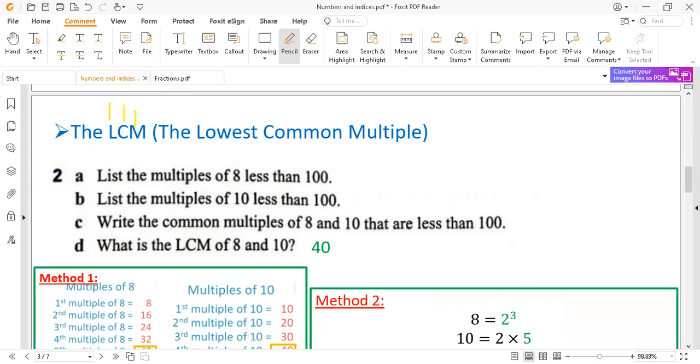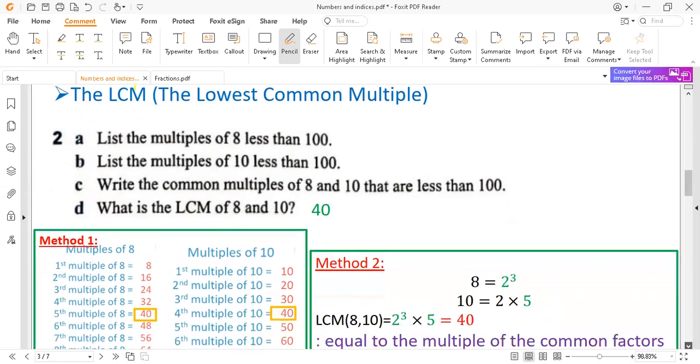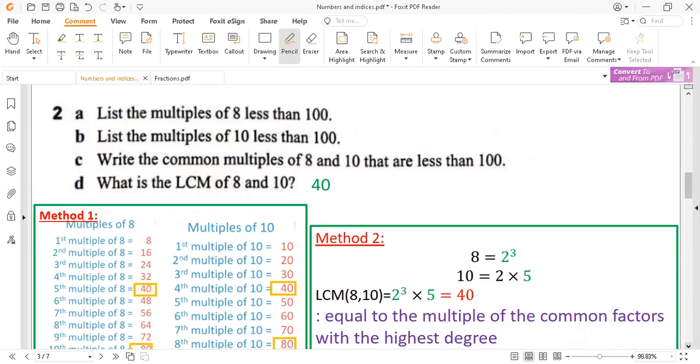A common thing is something shared between 2 or 3 or among a group of numbers. For example, they ask us to list the multiples of 8 less than 100. It is easy, as we said before.